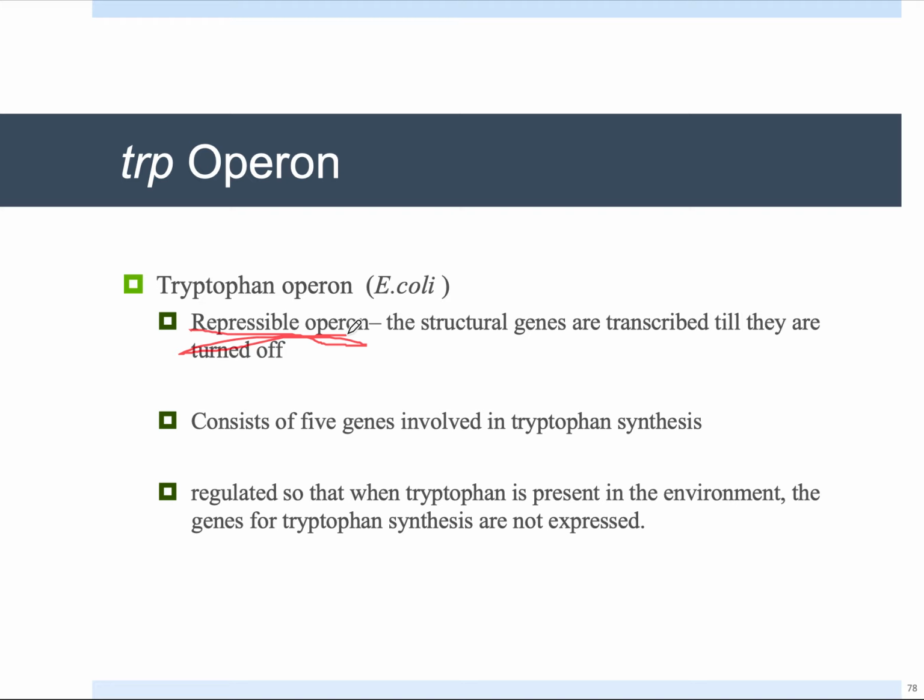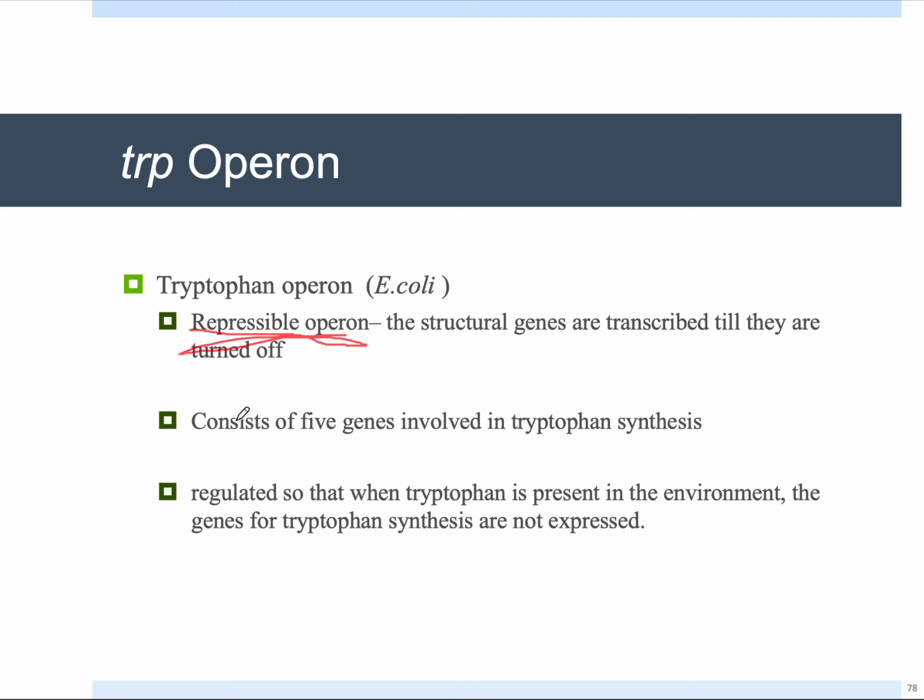So when tryptophan is available, the trp operon is not turned on. Okay, it's very different from the lac operon. For the tryptophan operon in E. coli, when tryptophan is available, the trp operon is not turned on.